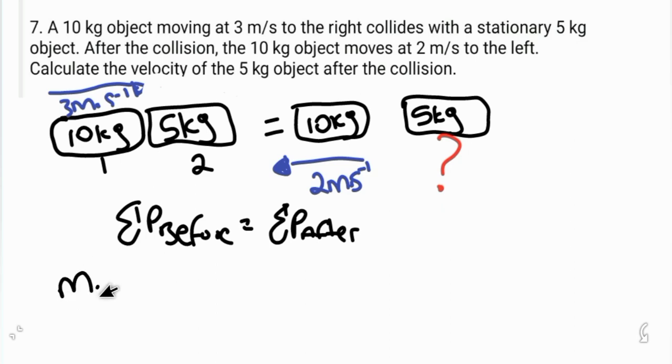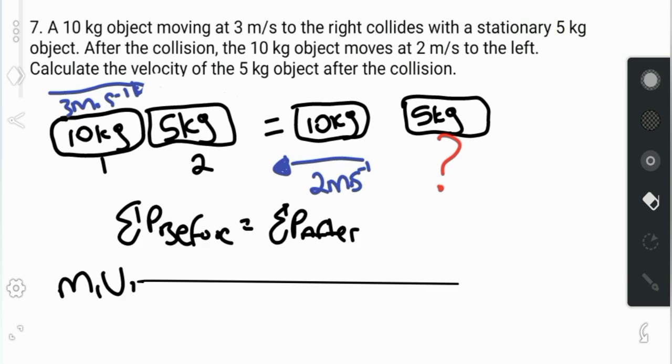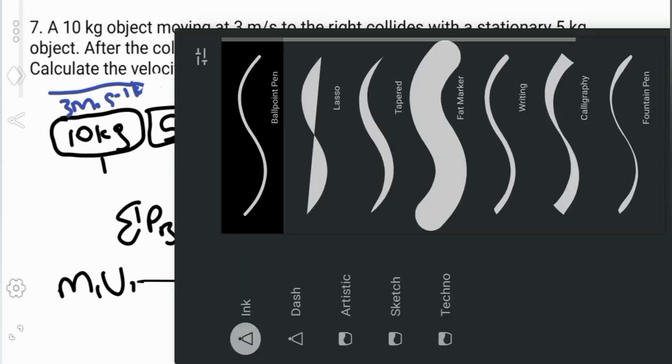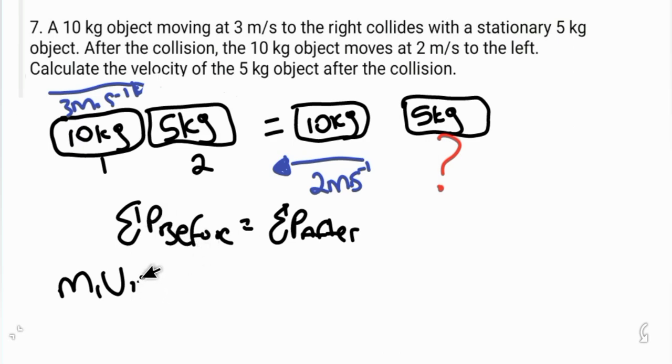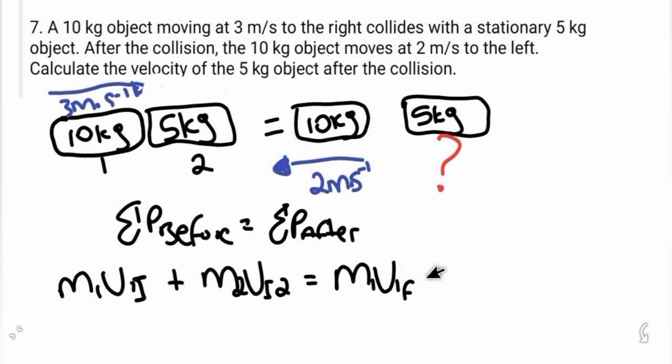Mass of object number 1 times the initial velocity of object number 1, plus mass of object number 2 times initial velocity of object number 2, will be equal to mass of object number 1 times final velocity of object number 1, plus mass of object number 2 times final velocity of object number 2.